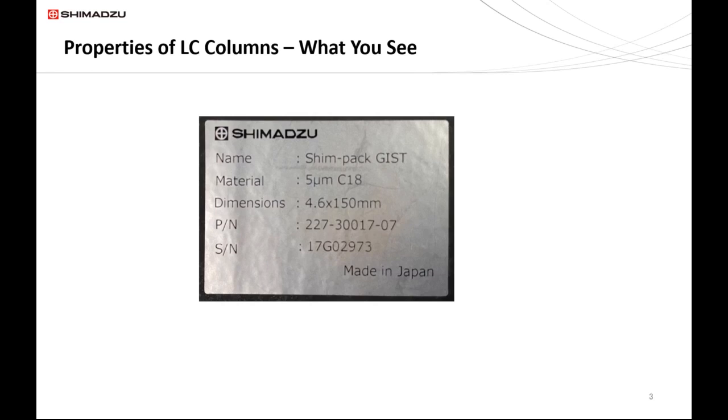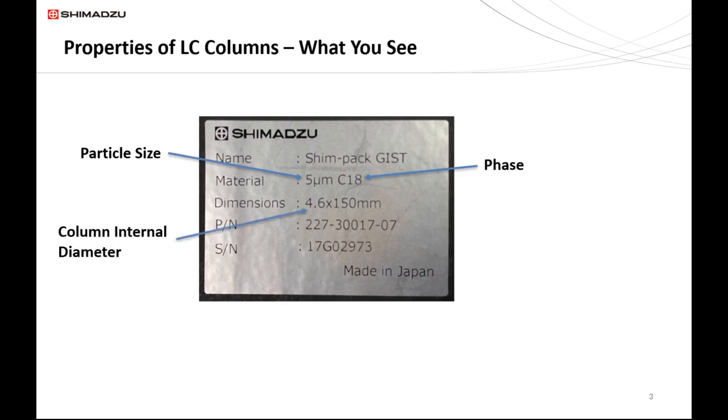What you could find is information such as the phase, which is C18 in this case, the particle size, which is 5 micron over here, and the physical dimension of the column, which is written as the internal diameter by the column length. This is pretty much what you can find on the label for most columns. However, there are many more properties of the columns that can affect your separation, and they are usually not written on the label.